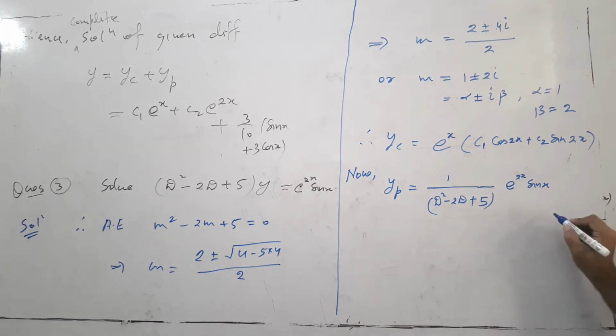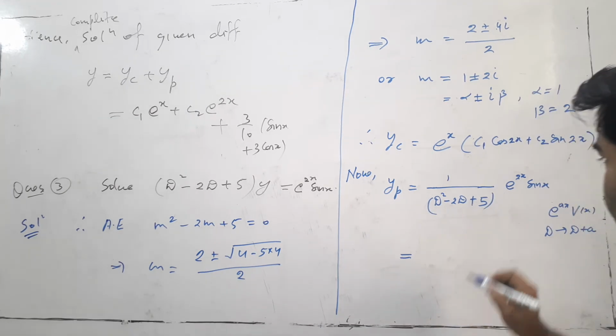Actually, we know that when we have e to the power ax into a function of x, then we replace D by D plus a, and we take e to the power ax outside of the operator.